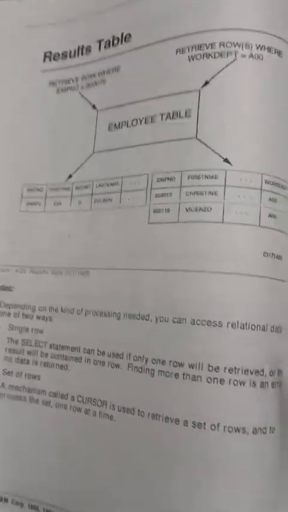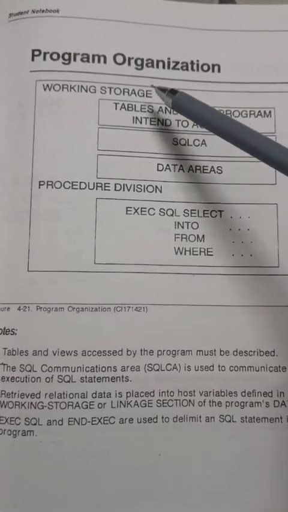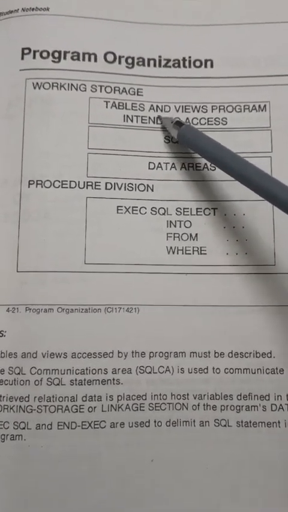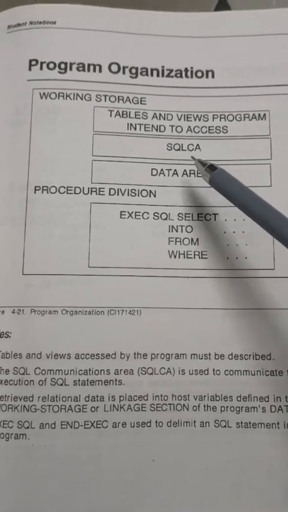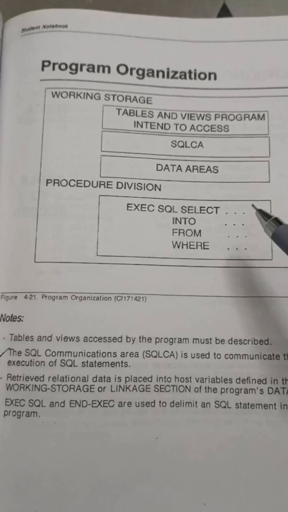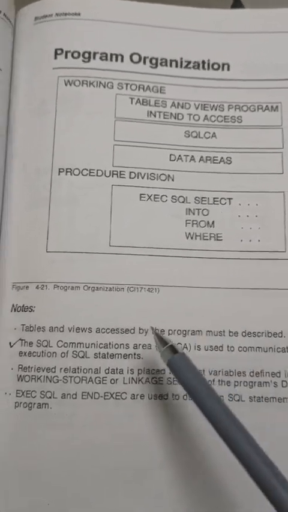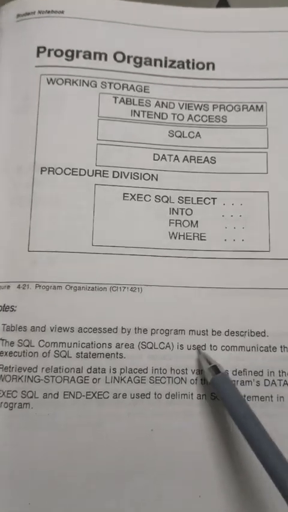This is a basic concept for DB2, and this is how the program is organized with normal DB2 statements within COBOL. Identify the tables and views your program intends to access. We have to define the SQLCA, and the data areas we have to define. In the procedure division we use the SQL statements. The tables and views accessed by the program must be described.